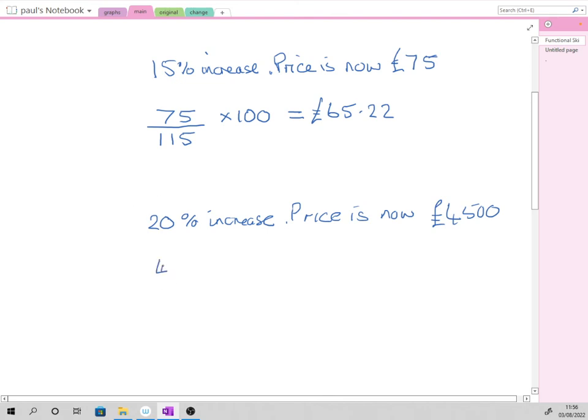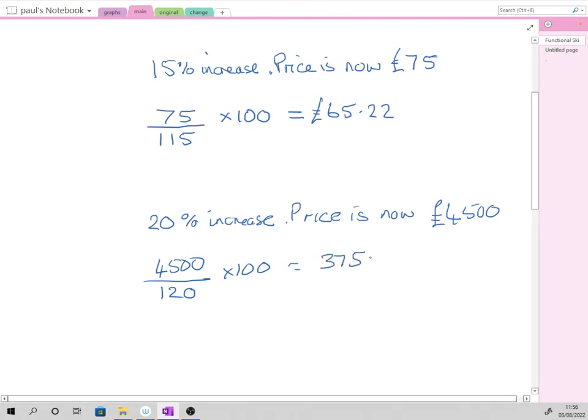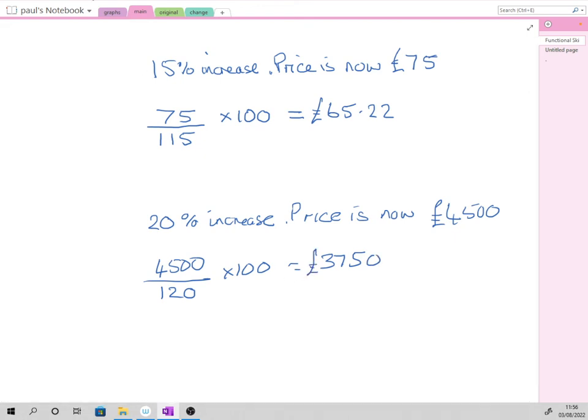So we're going to have 4,500 divided by the 120, multiplied by 100, and we'll find out what the original price is. 4500 divided by 120 times by 100, and we get 3750.